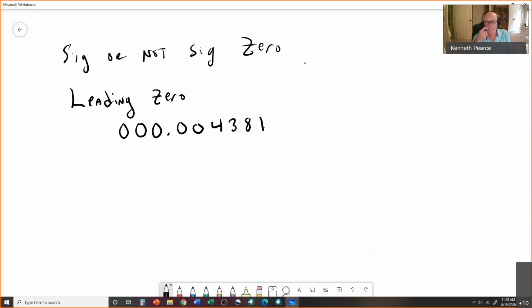Okay. And leading zeros means that they're out front and they're the only ones out front. These are all leading. Okay. And the rule is going to be: they are never significant.